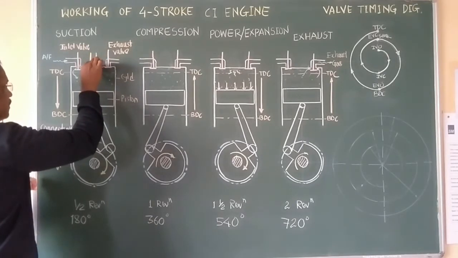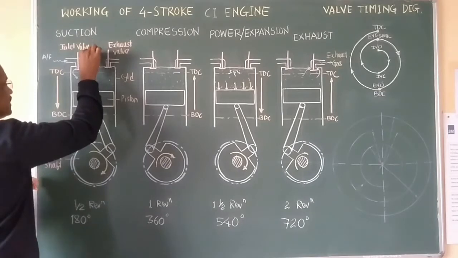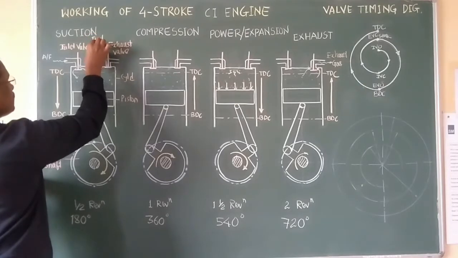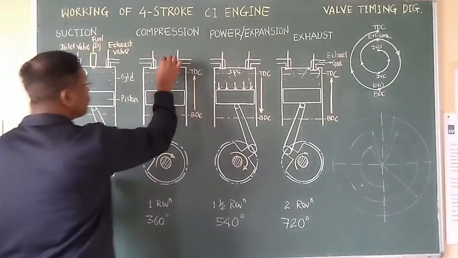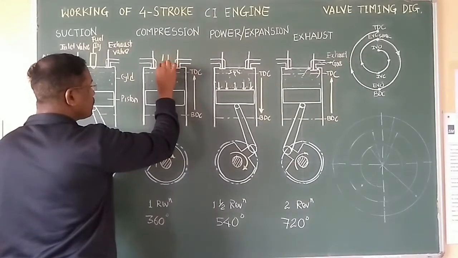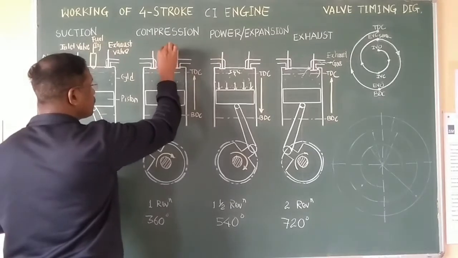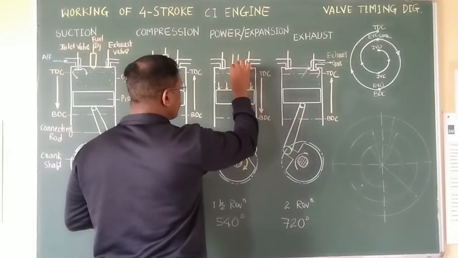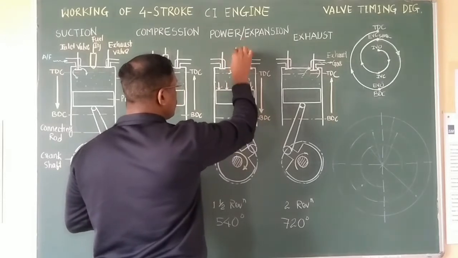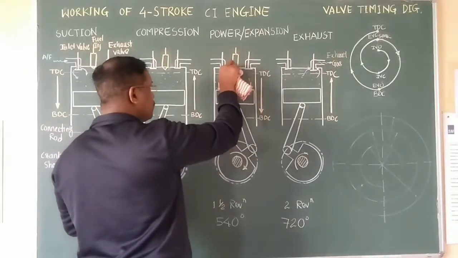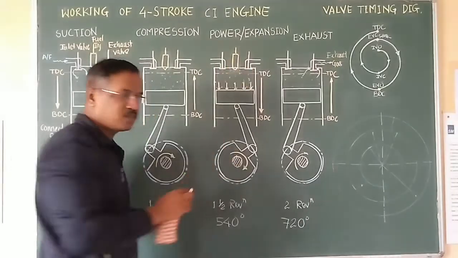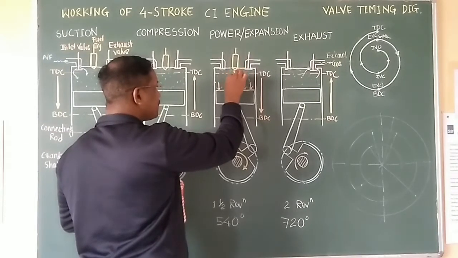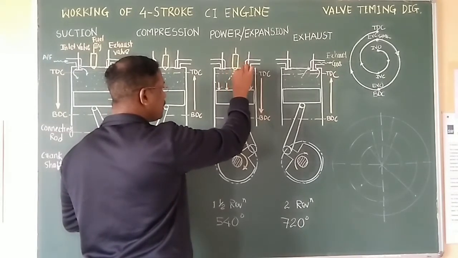It will be a representation of the fuel injector. So this is the fuel injector. And in the power stroke, where we show a spark, in the fuel injector we have to show a spray of fuel.